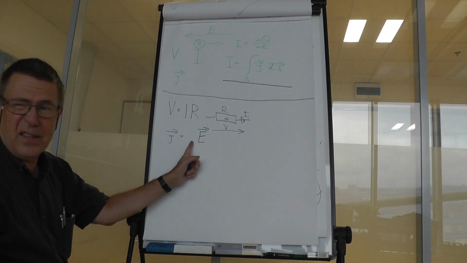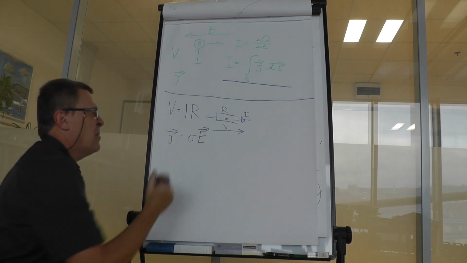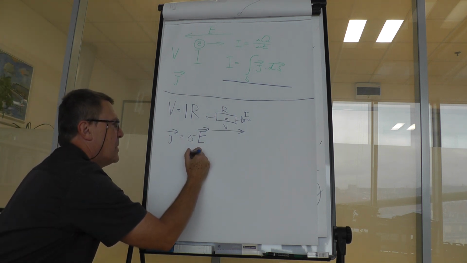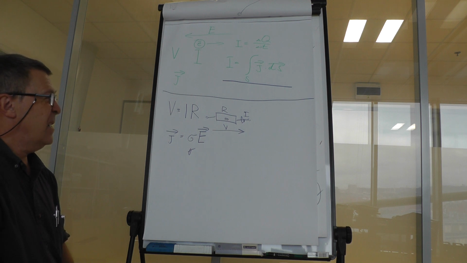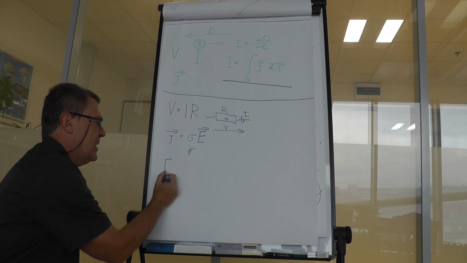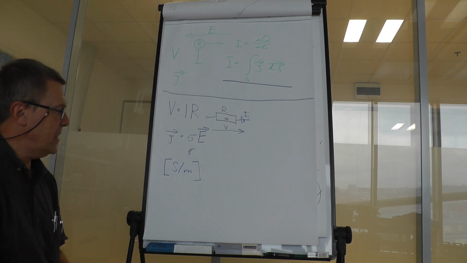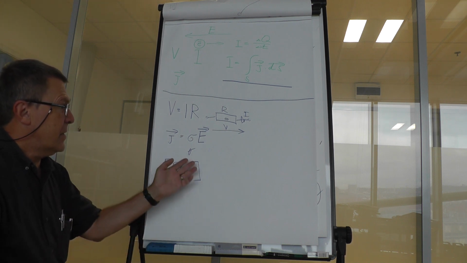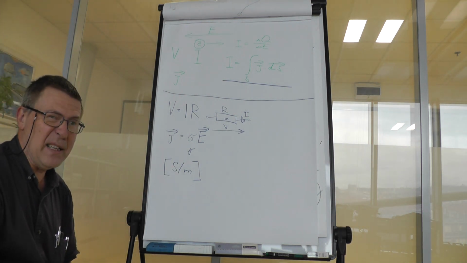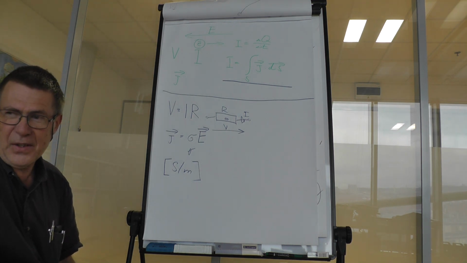And the constant of proportionality is described like sigma, or some books describe that by gamma. Anyway, the unit of that is Siemens per meter, and this constant describes the ability of the material to conduct electric current.